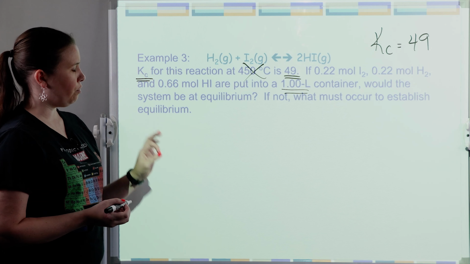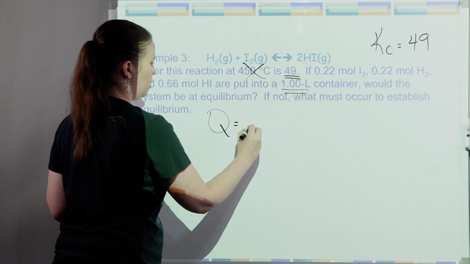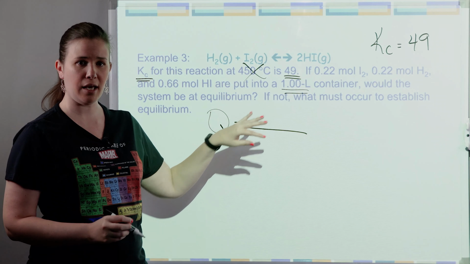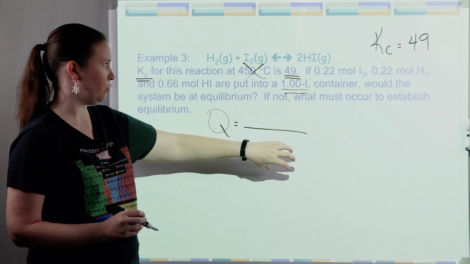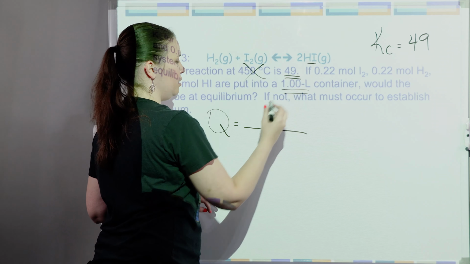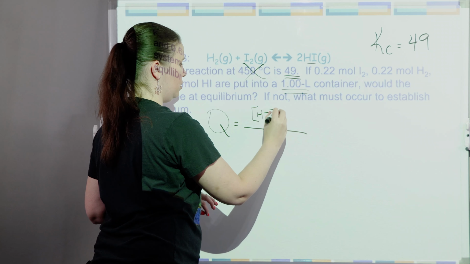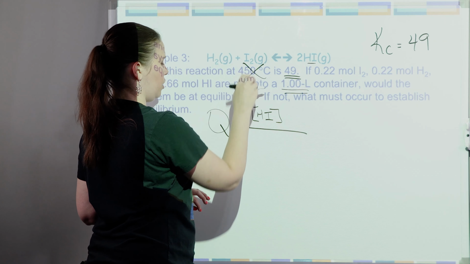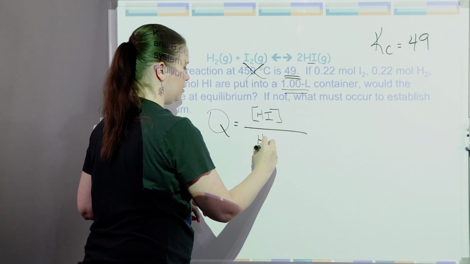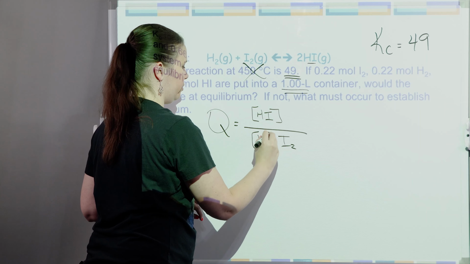Now, let's start off with writing our Q expression. Q is equal to, just like K, product over reactant. So the product would be my HI, so I'm going to plug in bracket HI. And my reactants are the hydrogen and iodine gases, which I will separately put in brackets.